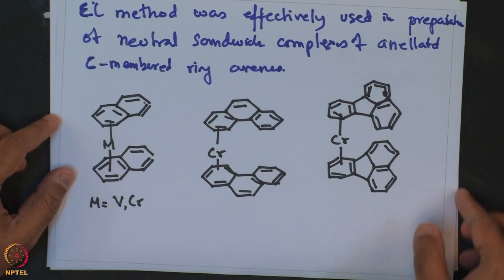And in fact, this has been studied extensively, and the reason which has been given out is the ring which has the highest index of local aromaticity, that ring results in formation of these Bis-Arene complexes.